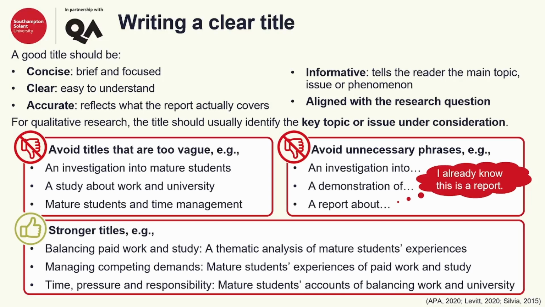This title clearly identifies the central issue, which is balancing paid work and study. It identifies the participant group, mature students, and it also identifies thematic analysis as the analytic approach. So the title is directly aligned with the research question.